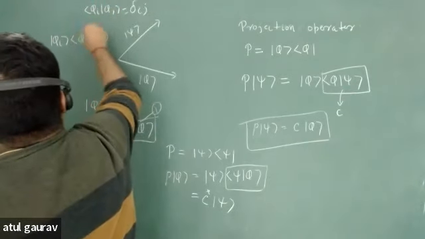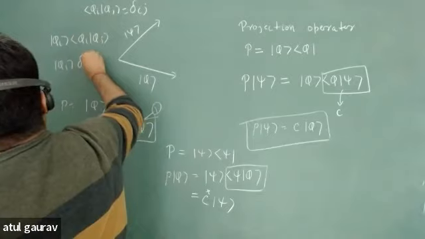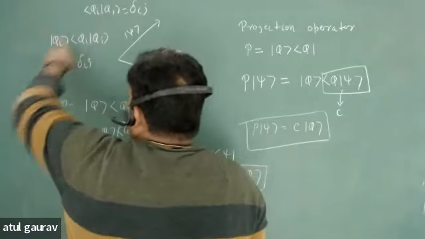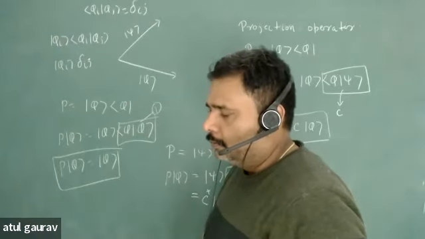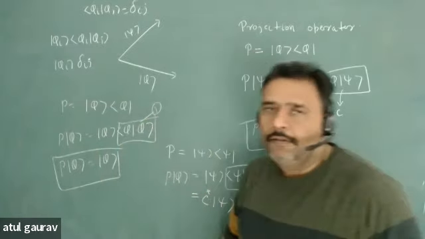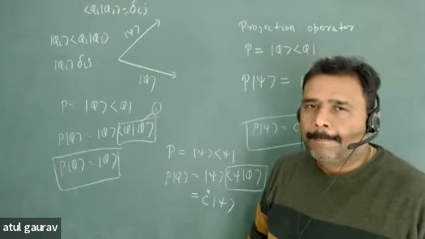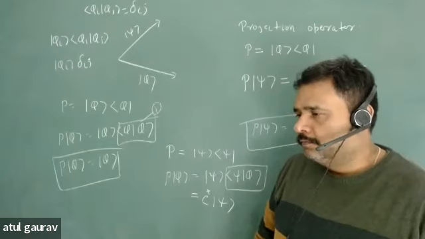So what will you get? Phi i, and this value is delta ij. And delta ij will be 1 only when i is equal to j. Otherwise it will always be 0. So you can easily use this concept here. So it is very important. Is this clear?